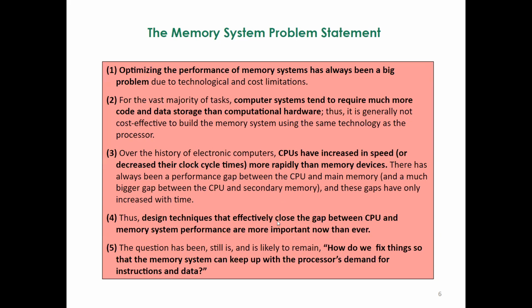So we need to come up with techniques that deal with this processor memory performance gap, so that we have a faster computer. Of course, the techniques which are employed, their complexity and even the cost attached to them will differ depending on the kind of computer you're building.